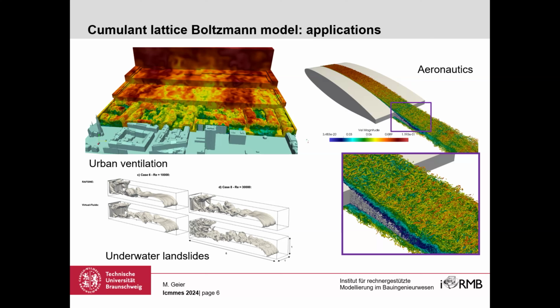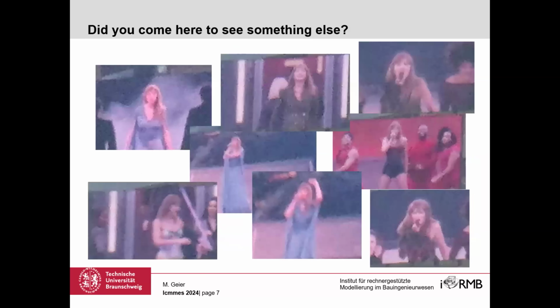And now I've been talking a lot about cumulants, and you probably came here for something else. I don't know, maybe you came here for seeing this. I'm sorry for the resolution. These are the best pictures that I could take, because I guess we had the cheapest tickets on Earth for this.